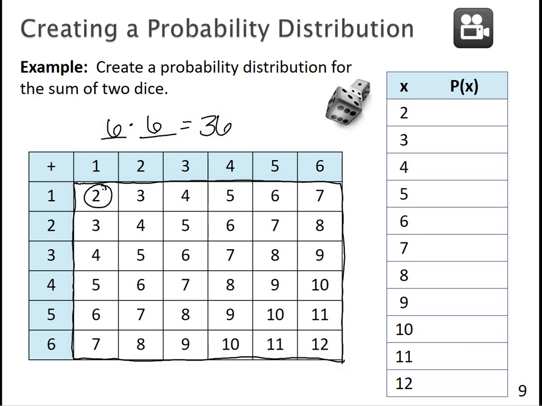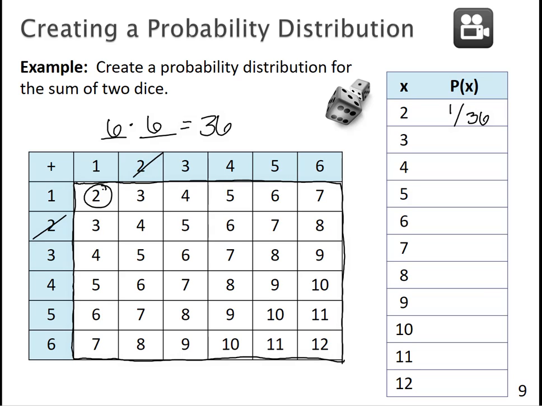Again, I am not going to include that leftmost column or that top row, okay? I'm just looking at the sums, all right? So I have one entry for 2, so that means I have 1 out of 36 possibilities. So the probability of getting a sum of 2 is 1 out of 36.